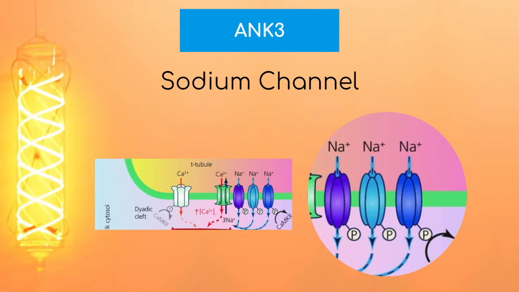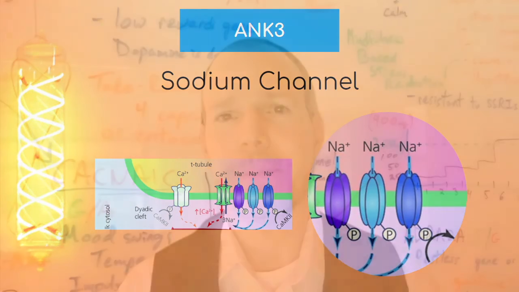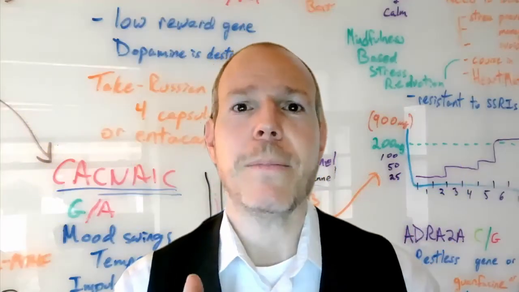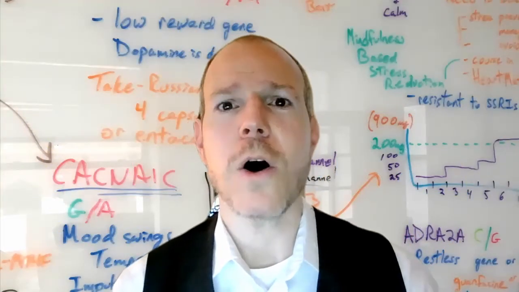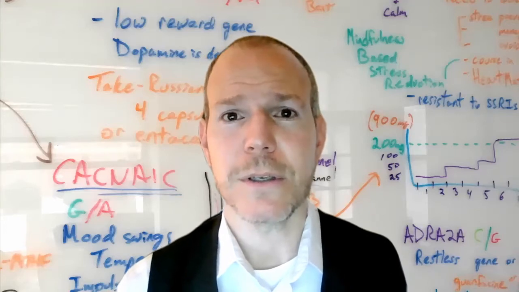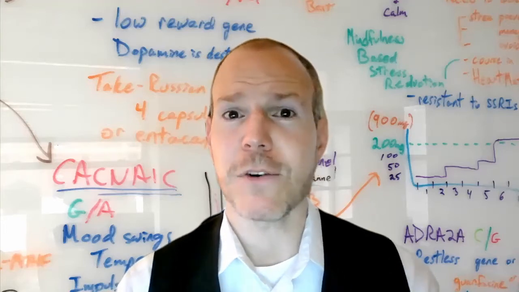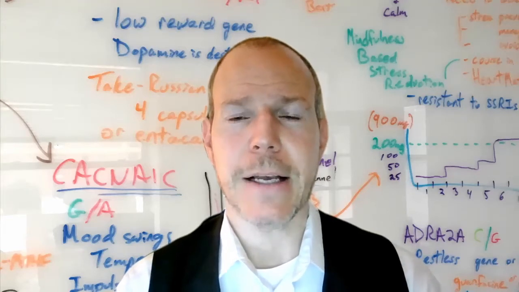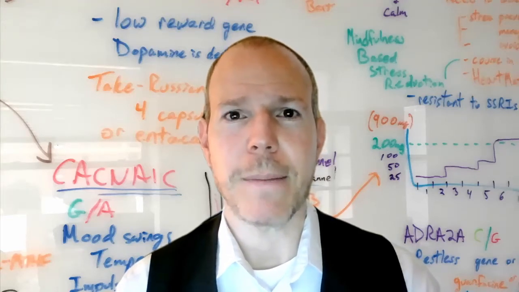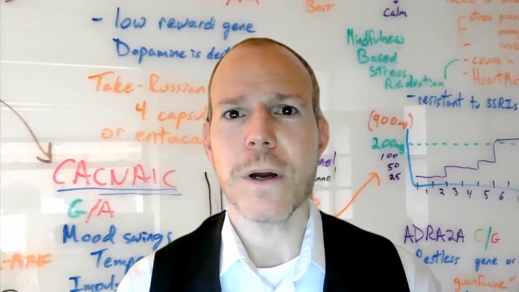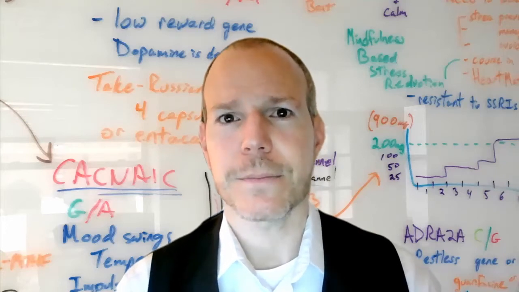But let's go back to this idea of the sodium channel. In terms of bipolar disorder, for a long time we've known that Depakote is a solid treatment. It's actually tied for first place with lithium as the gold standard treatment for bipolar disorder. And what does Depakote do?